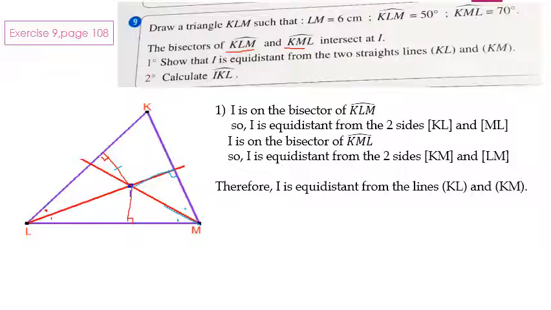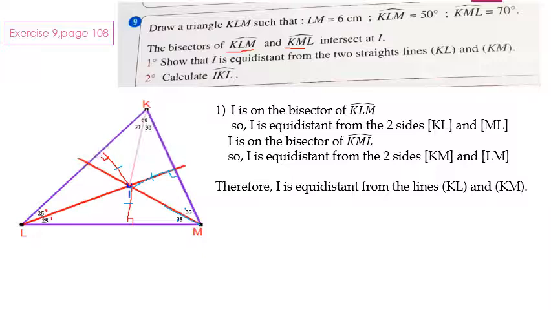So I can say that I is equidistant from KL and KM. Okay, we have to pay attention well. If two segments are equal, then a third segment equal to one of them should be equal to the other.